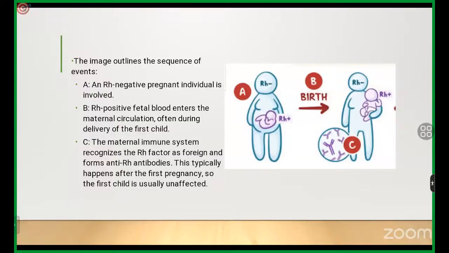Now what happens is that when this fetal blood enters into mother's circulation, the mother's immune system will recognize these rhesus positive cells that are circulating in her body from the baby, that they are foreign. And this is a form of graft versus host disease. There are immune reactions that occur and lead to antigen antibody incompatibility, leading to fetal maternal hemorrhage and what we call hemolytic disease of newborn.